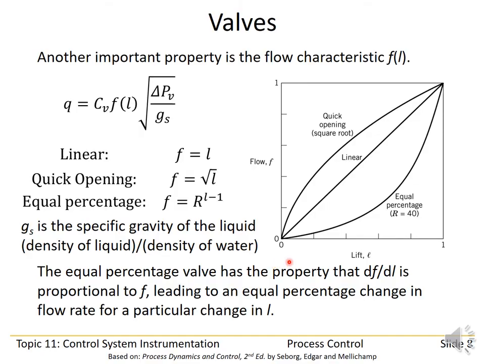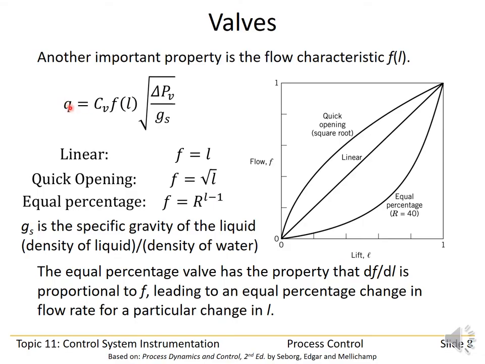Depending on how the valve seat and the valve plug are designed and shaped, we can have a different relationship between the lift and the flow. Three common choices are a linear relationship like this, an equal percentage like this, and a quick opening or square root relationship like this. And those are shown mathematically here.